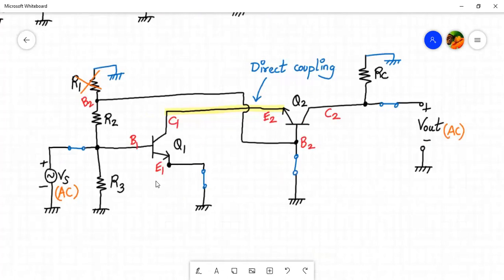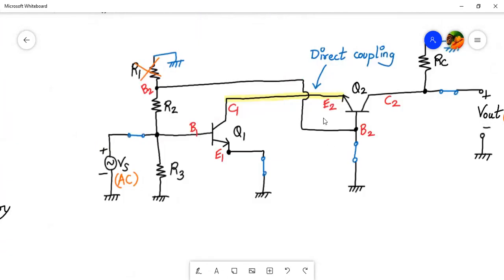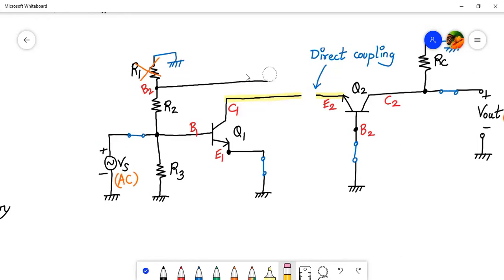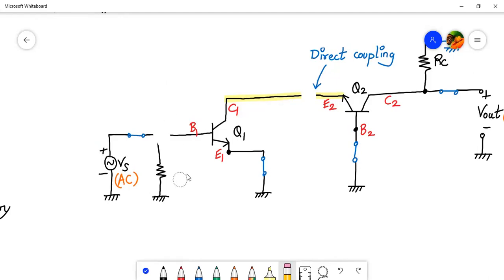Okay. So this base terminal is grounded, that is gone. So this wire has no meaning at all. So let me delete this wire. Base 2 terminal is grounded, so this resistor R1 becomes redundant.